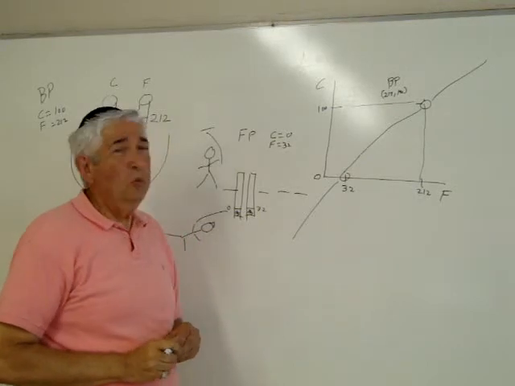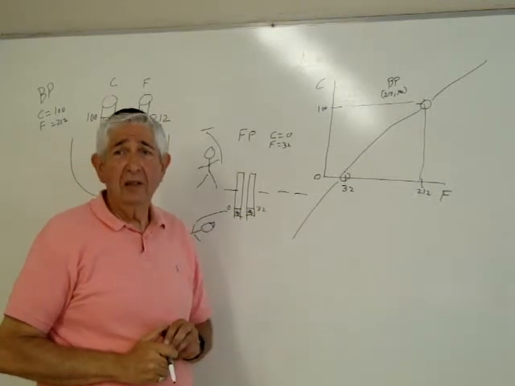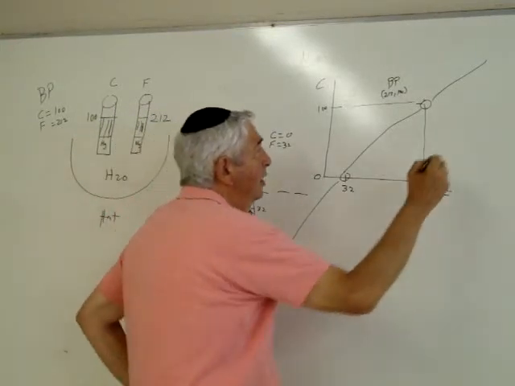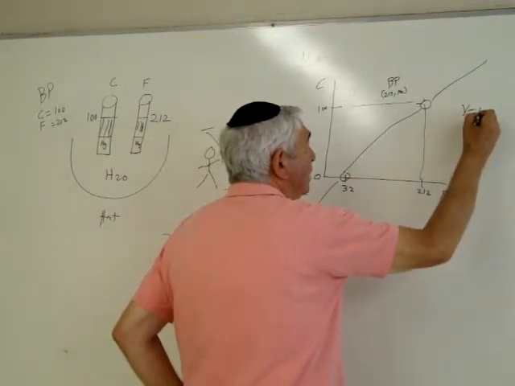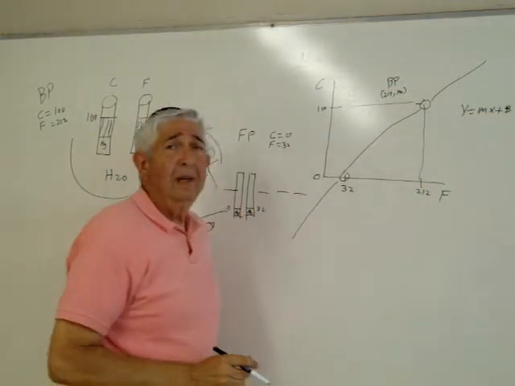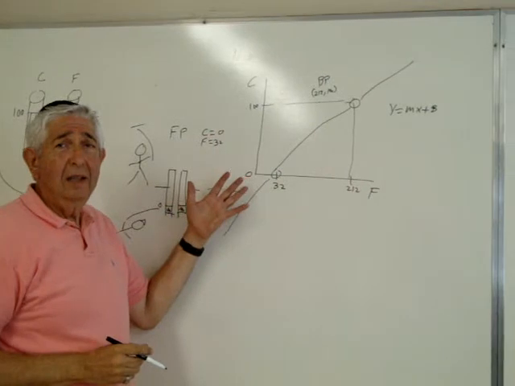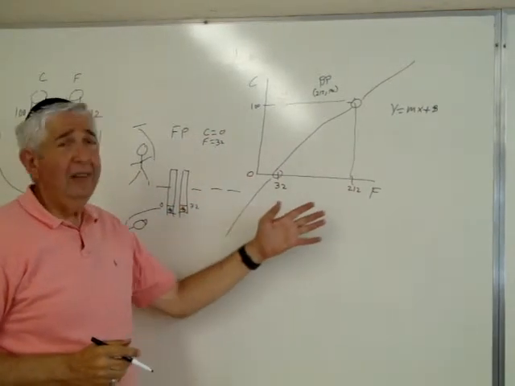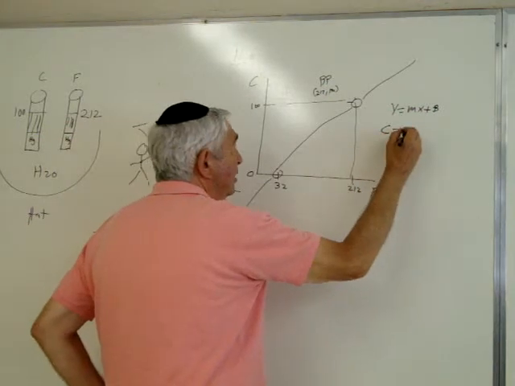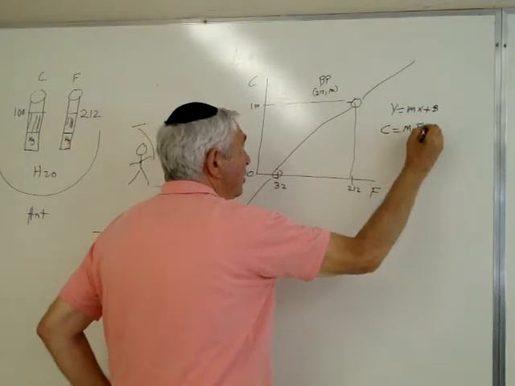And the question is, what is the equation of the line? Well, the equation of a line is y equals mx plus b. But I don't have a y, I have a C, and I don't have an x, I have an F. So it's C equals mF plus b.